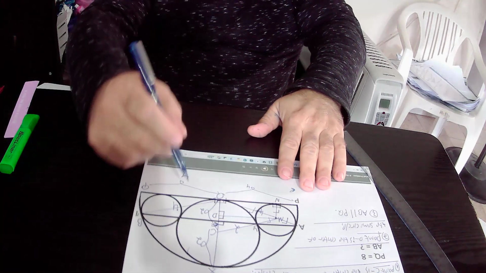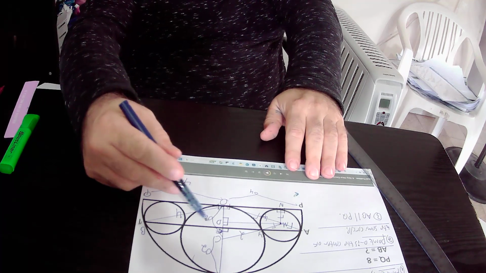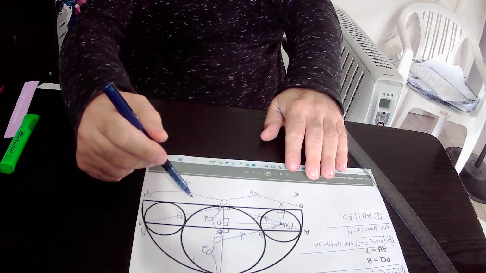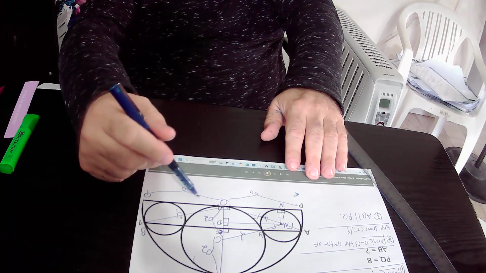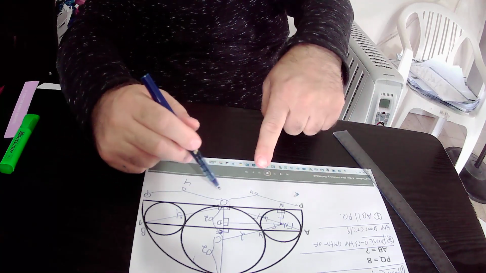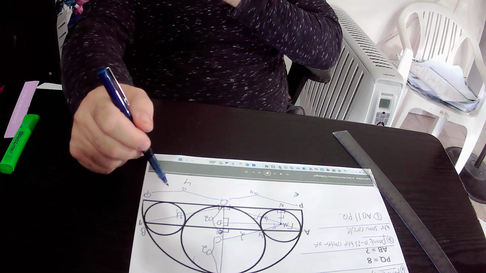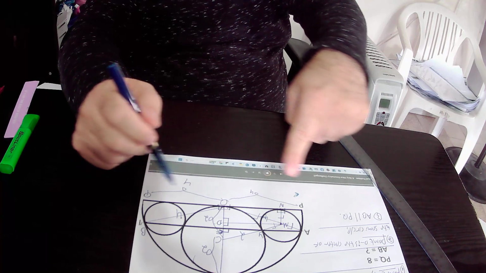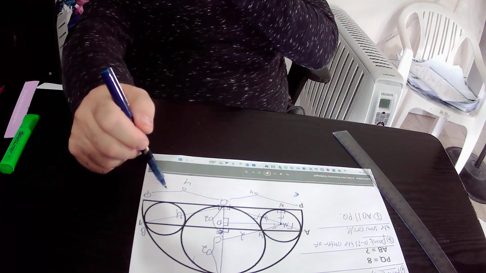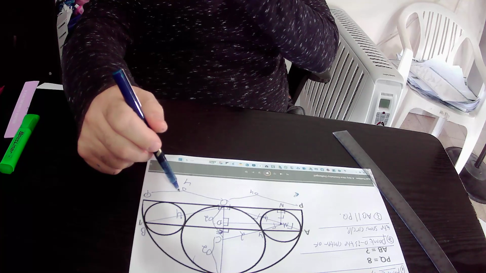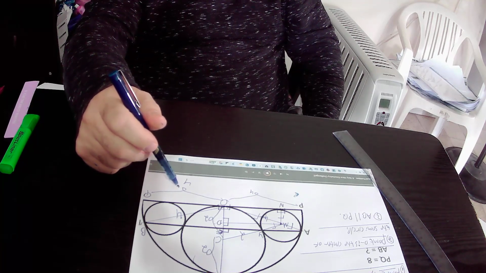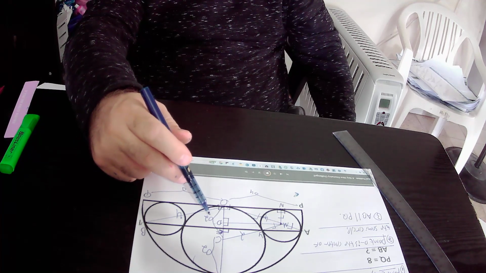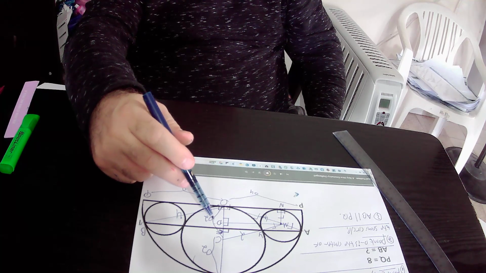And what is the size of angle OEB? Actually, we know that AB is parallel to PQ. Because AB is parallel to PQ, we know that the sum of one-sided angles between parallel lines is equal to 180 degrees.